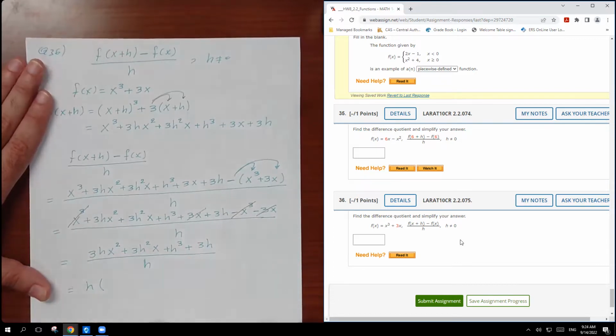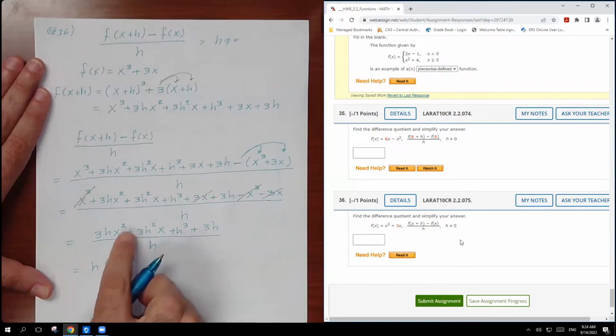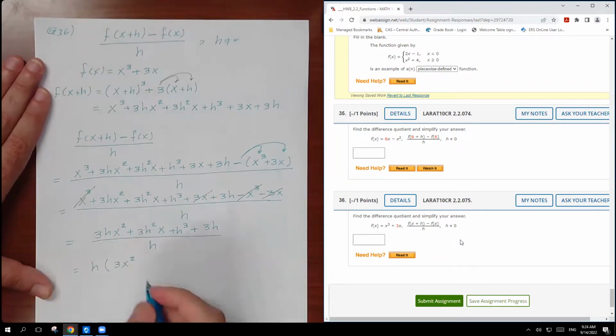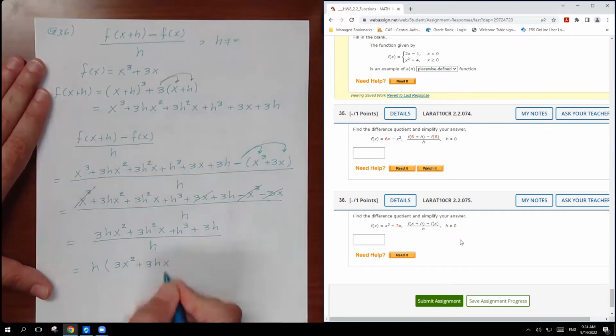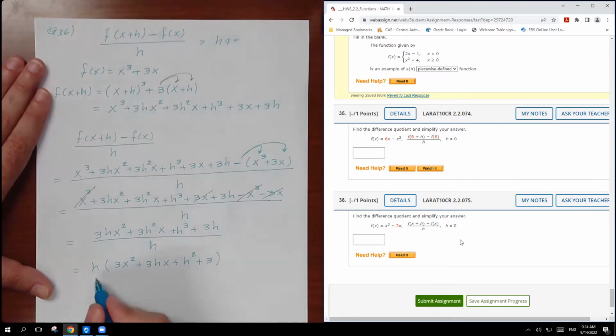With h as a common factor, what is left is 3x squared from here, because I'm taking just one h, so plus 3hx, plus I'm taking one h from here, h squared, plus I'm taking the h from here, so what is left is just a 3.